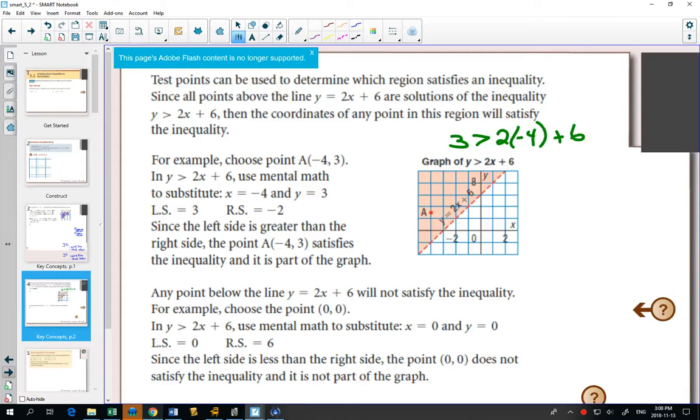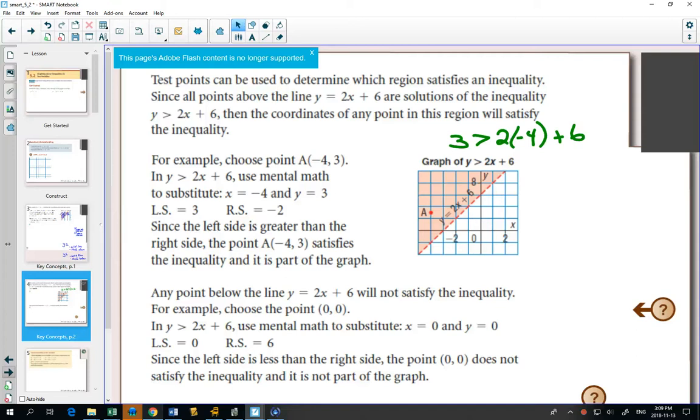Is 3 bigger than 2 times -4 plus 6? If it's true, wherever you chose the point, that whole section will get shaded. If it's false, the other section would get shaded. But I like the shade above and shade below because it's even quicker. But you can use a test point to figure it out as well.